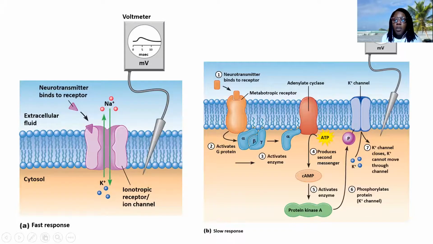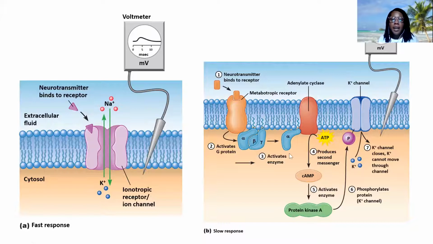In terms of a slow response, the movement of the ion and the generation of an IPSP or EPSP is the same, but the steps to get there are much longer. It takes more time. And so this is why we refer to this as a slow response. There are a couple of intermediate players involved. It's not just boom, opening the channel and done.